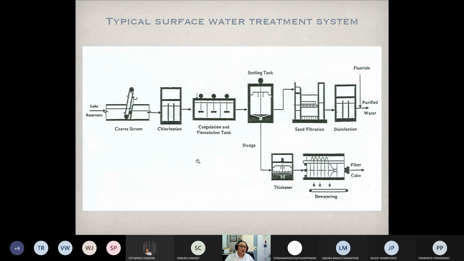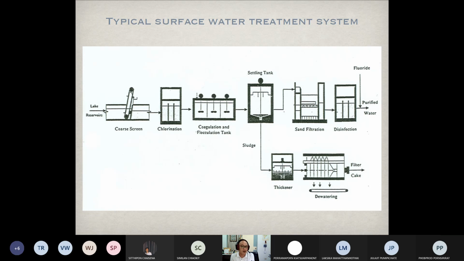These are the unit operations and unit processes used in a water treatment system. I just want to emphasize again, unit operation normally refers to the units that apply a physical process to remove contaminants. But unit processes are the units that apply a biological or chemical process to remove contaminants.